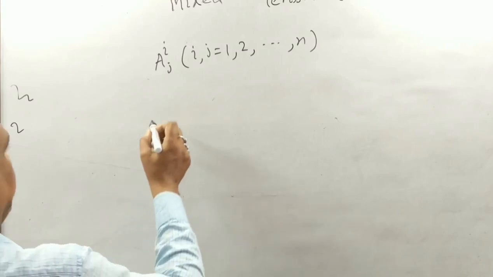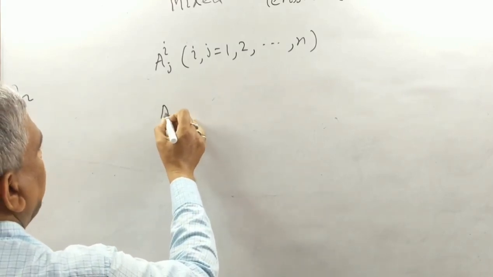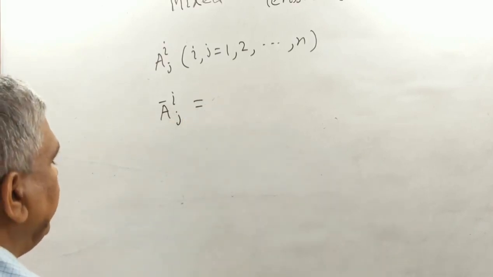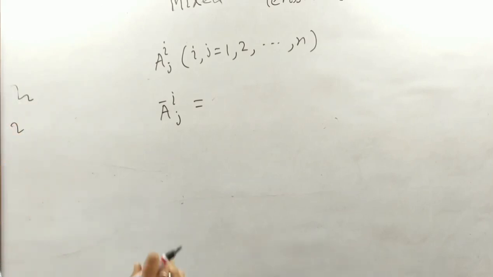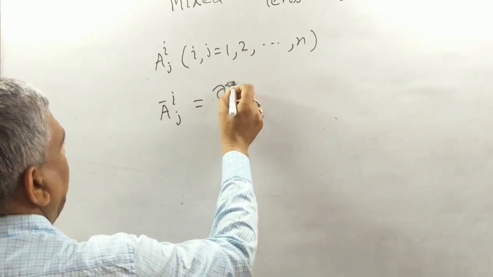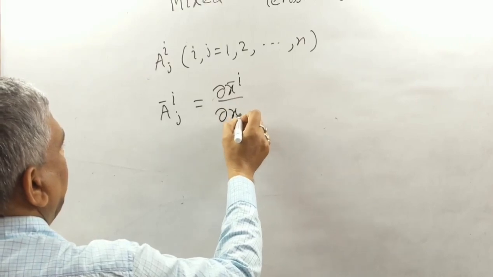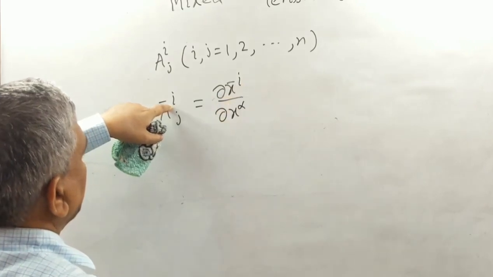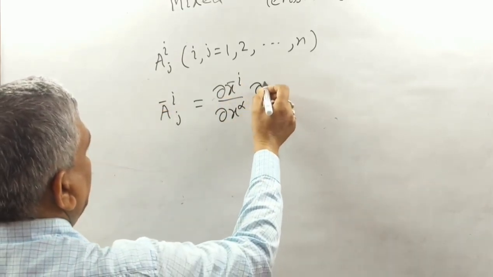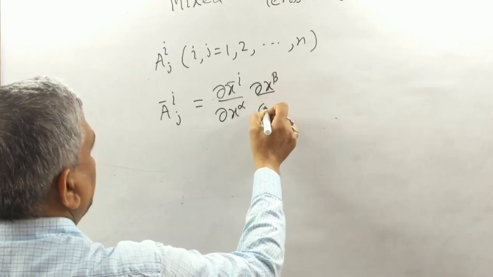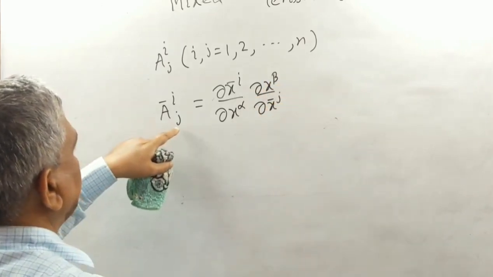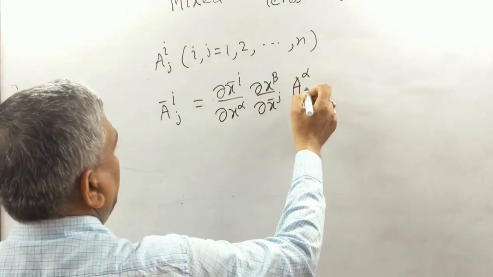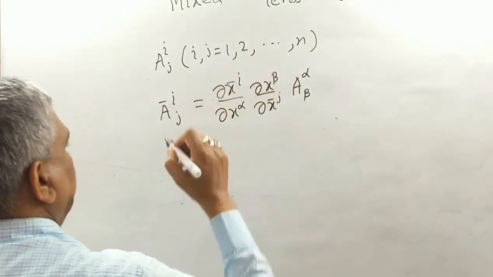Its corresponding quantity in X bar system of coordinates be A bar ij, and we may write the tensor law of transformation: del x bar i by del x alpha, i at upper position, and then del x beta by del x bar j, j at lower position, and A alpha beta.